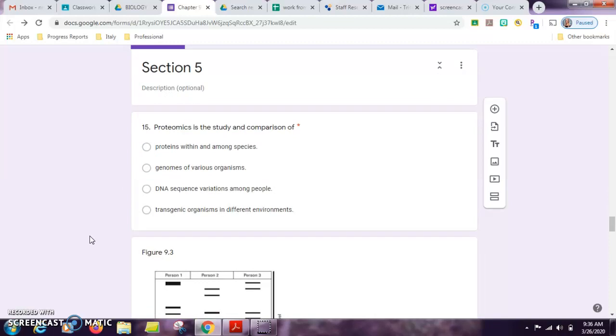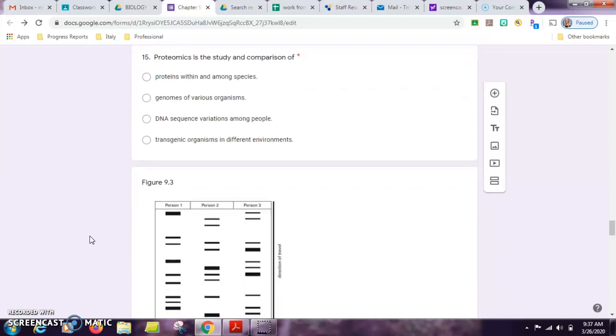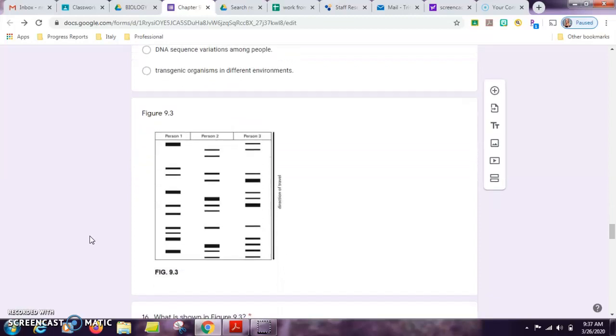Number 15. Proteomics is a study and comparison of proteins within and among species, genomes of various organisms, DNA sequence variations among people, or transgenic organisms in different environments. All right, here is figure 9.3.